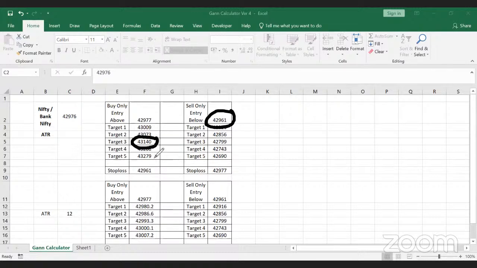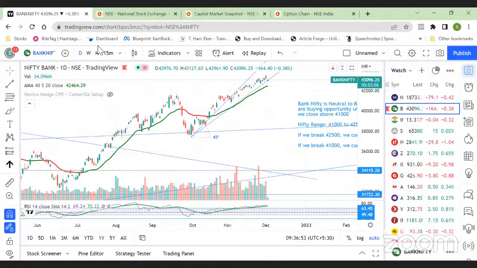If it is not able to go beyond this, then definitely this is a point of reversal, because 43,100 according to us is a very strong resistance level. That is also a Gann number, a very important number. But the challenge when we are doing anything in options is you may get stop hunted. So that is something you need to be aware of. Currently, it moved up, then it came down.